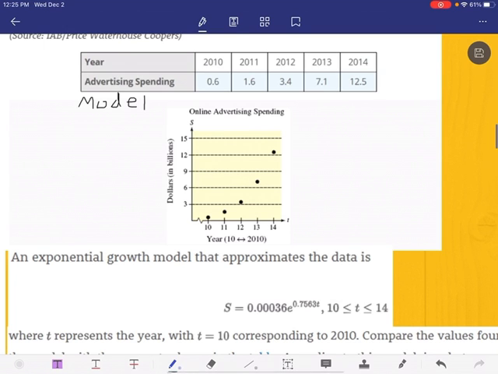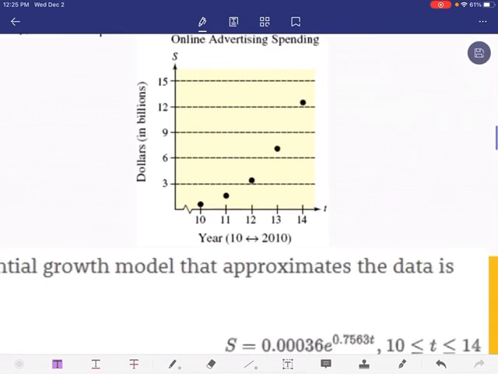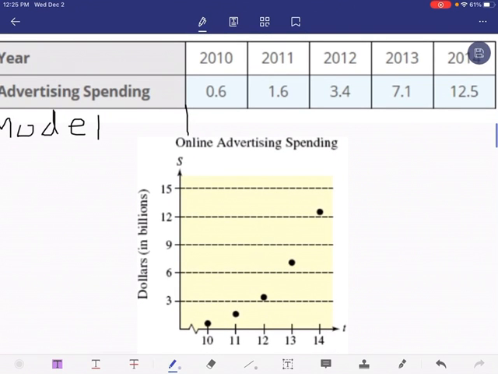If you were to plug in 10 into our model, we should get approximately 0.69. If we plug in 11, we're going to get 1.47.